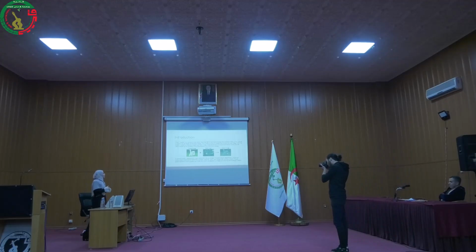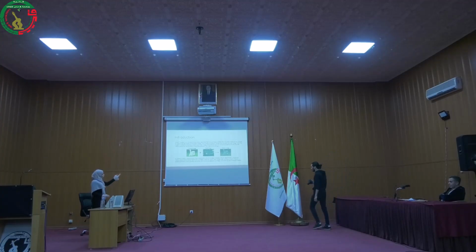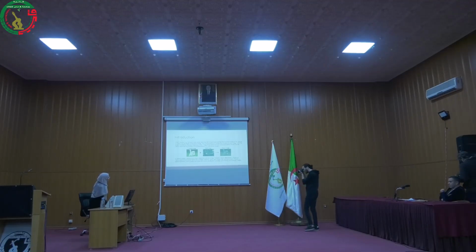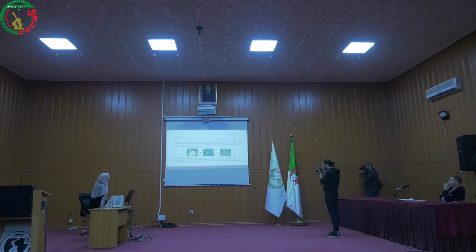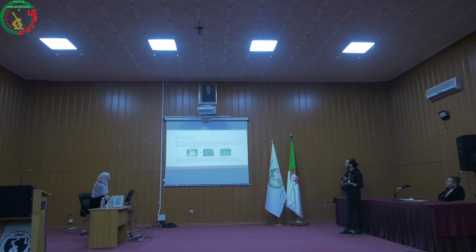So, style transfer is a revolutionary deep learning technique that enables the transformation of an image by applying the style of another image. This method aims to merge the content of one image with the style of another, thereby creating a new image that retains the structural elements of the original while adopting the stylistic characteristics of the reference image.